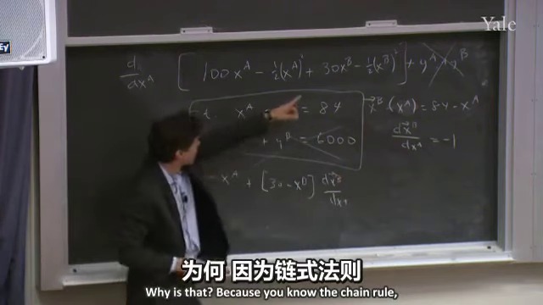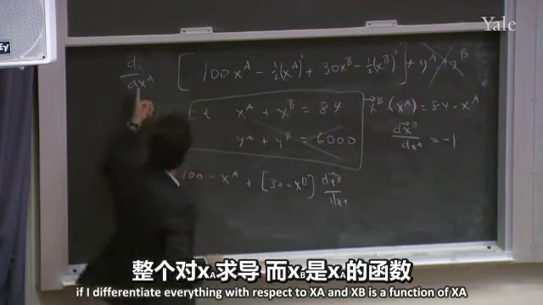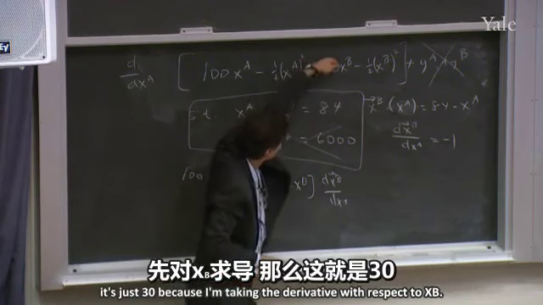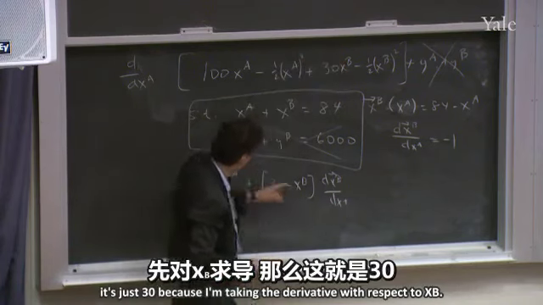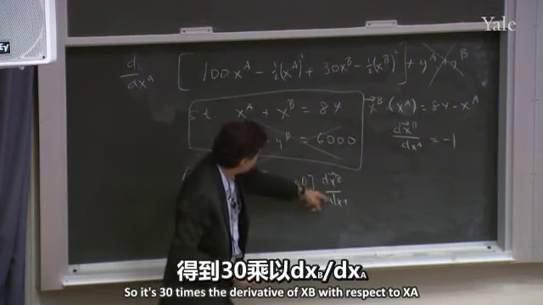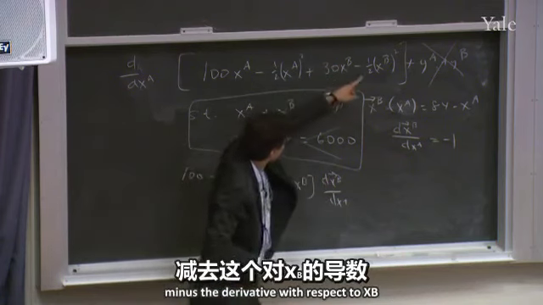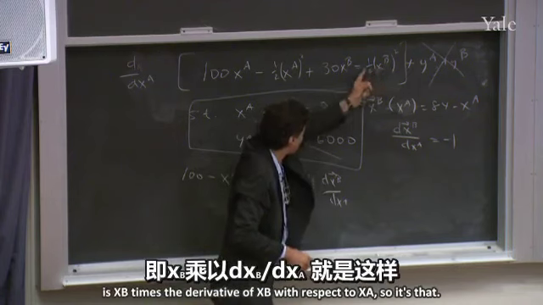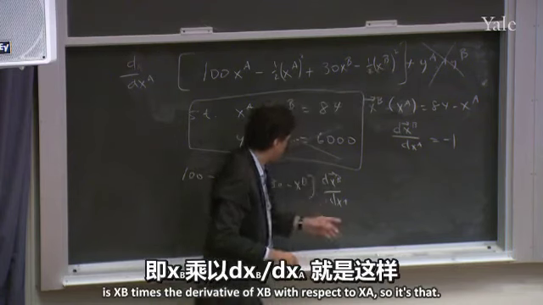Why is that? Because you know the chain rule. If I differentiate everything with respect to XA, and XB is a function of XA, it's just 30 times the derivative of XB with respect to XA, minus XB times the derivative of XB with respect to XA.